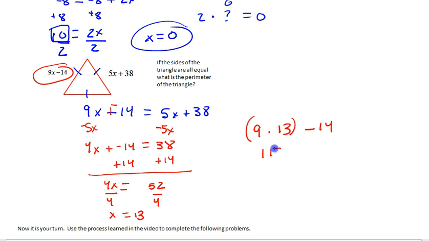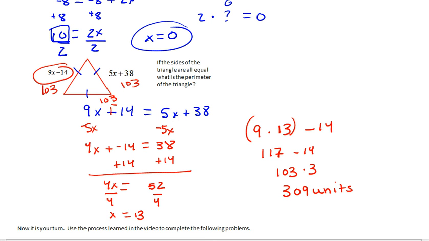So I get 117 minus 14. This gives me 103. So each side is 103. There are 3 sides, so I'm just going to multiply that by 3. And that gives me 309. And don't forget to write units. Because it's perimeter, it's not squared.